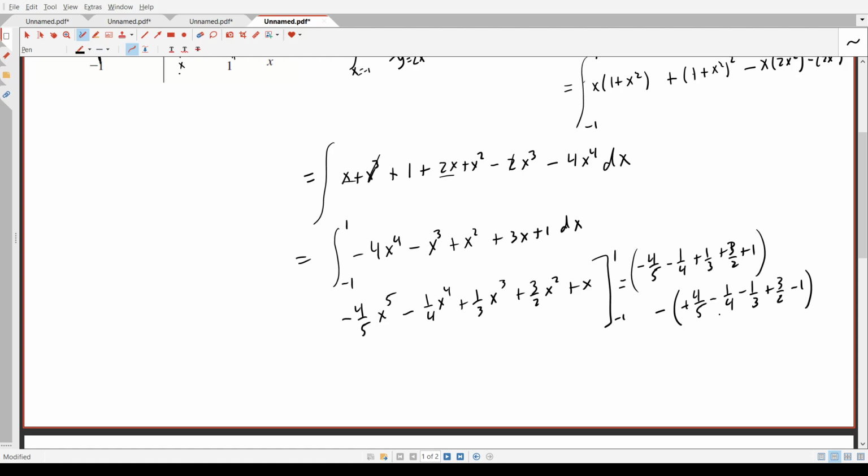Okay, so let's see, the negative, negative, so that's positive 1/4 and negative 3/2, so those cancel out. And then here, these ones kind of just double. So this gives me minus 8/5 plus 2/3 plus 2.